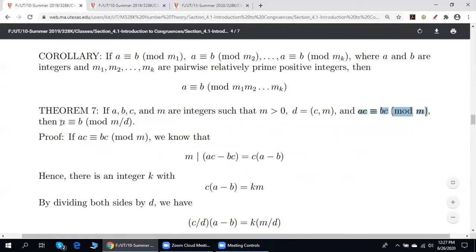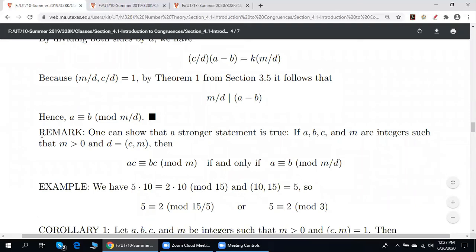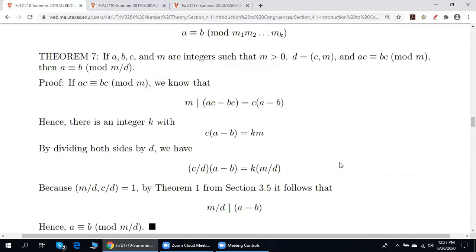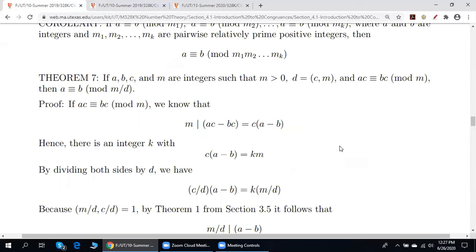This implies this. And now, take a look at the remark. We can show that a stronger statement is true. AC is congruent to BC modulo M if and only if A is congruent to B modulo M divided by D. I say stronger because here we prove it only in one direction.